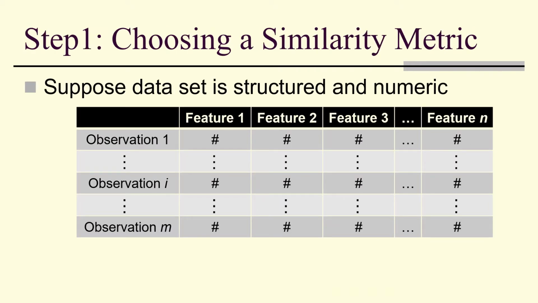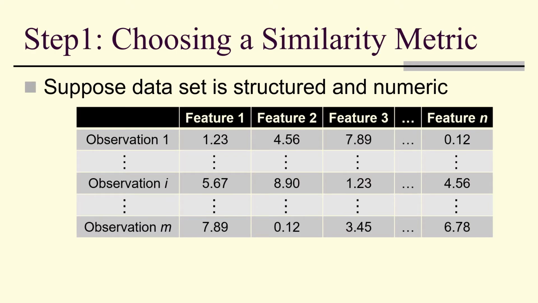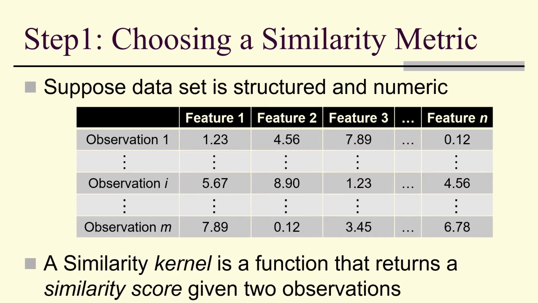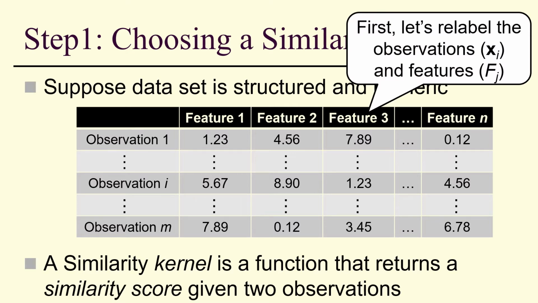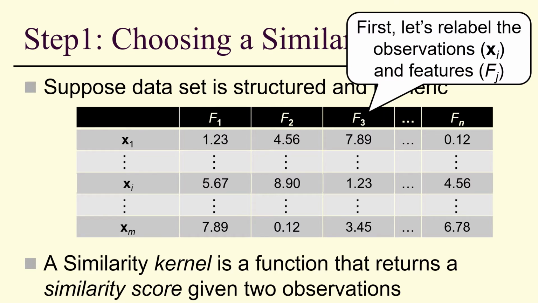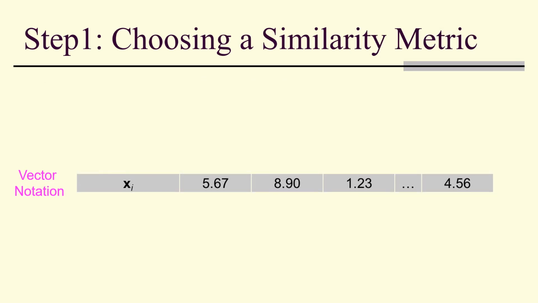For example, suppose a data set is structured and numeric. A similarity kernel is a function that returns a similarity score given two observations. Before we get into that, let's relabel the observations and the features, and then let's look at vector notation for the observations.